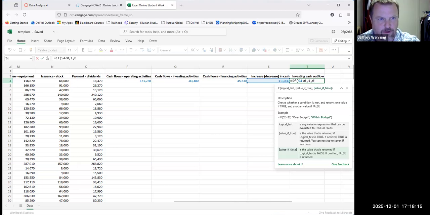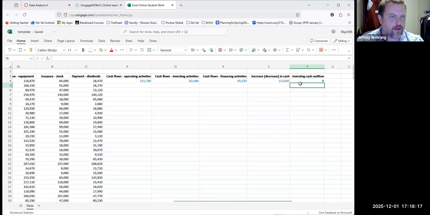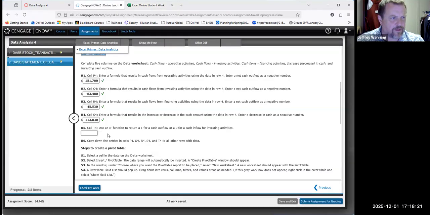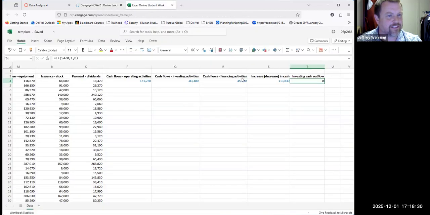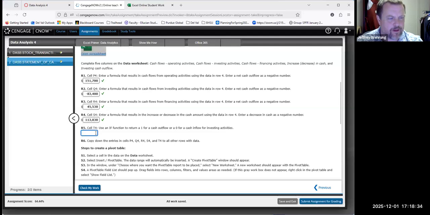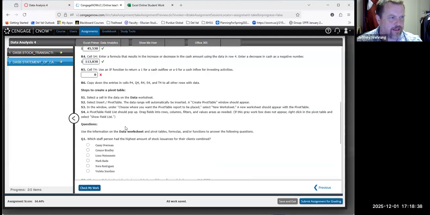Otherwise, return a 0. Okay. Make sure I had that right. If, okay, return a 1 for cash outflow. So if we have a negative number, it's going to return a 1 or a 0 for a cash inflow. It doesn't say what to do if it's 0.